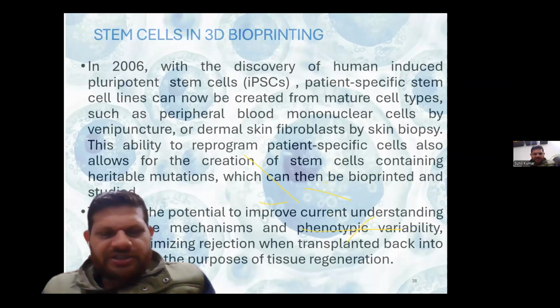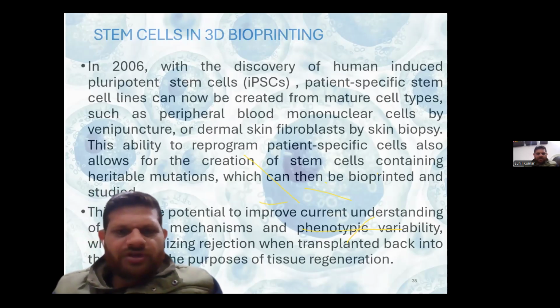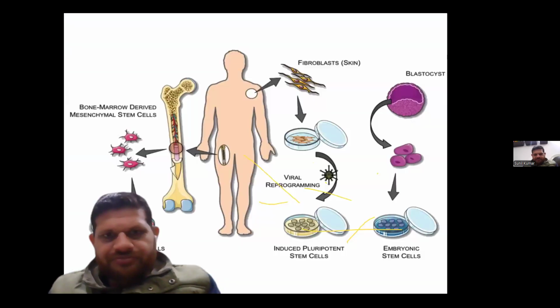Cells such as peripheral blood mononuclear cells can be taken, and these have the ability to reprogram patient-specific cells, also allowing creation of stem cells containing heritable mutations, which can then be bioprinted and studied. This has the potential to improve current understanding of disease mechanisms and phenotypic variability, while minimizing rejection when transplanted back into the host for the purpose of tissue regeneration.